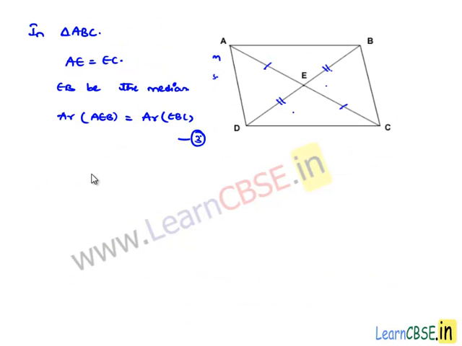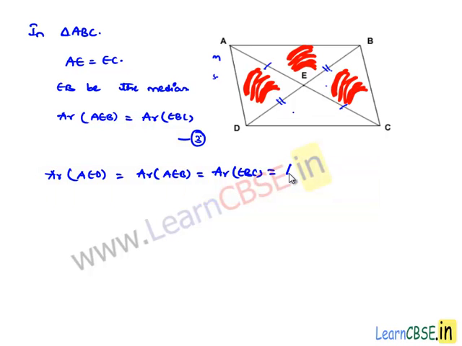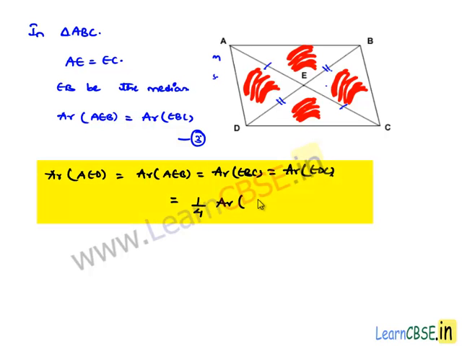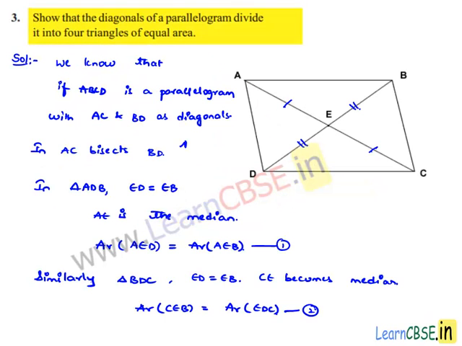We can say that area of triangle AED is equal to area of triangle AEB is equal to area of triangle EBC is equal to area of triangle EDC. As this is divided into four equal parts, each will be equal to 1/4 of the total area of parallelogram ABCD. Therefore, finally we can say that diagonals of the parallelogram divide the parallelogram into four triangles of equal area.